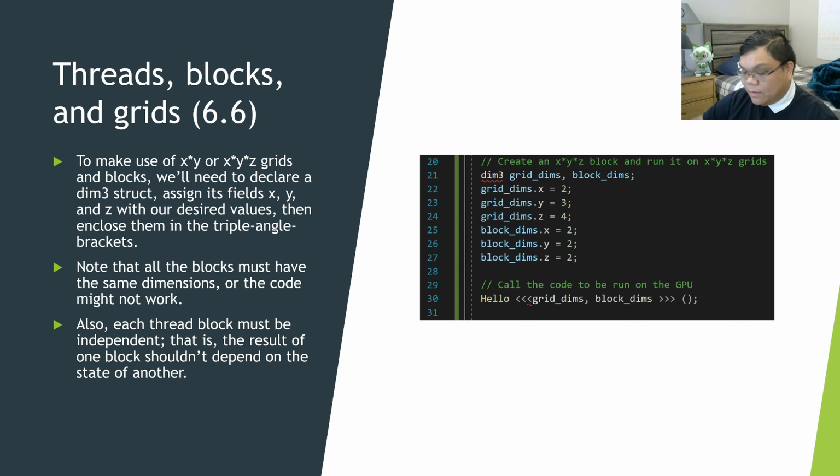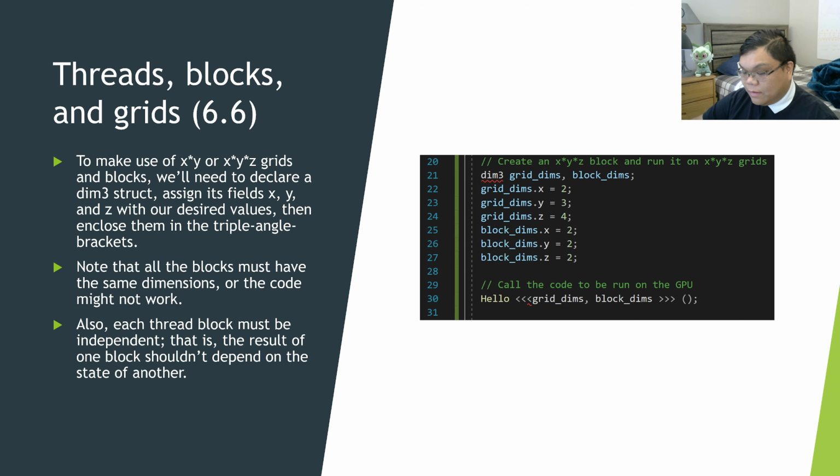6.7 is all about NVIDIA compute capabilities and device architecture. Basically, depending on what device you have, the capabilities of that device may vary. For example, the maximum number of threads per block is, depending on the compute capability, 1024, 1536, or 2048.